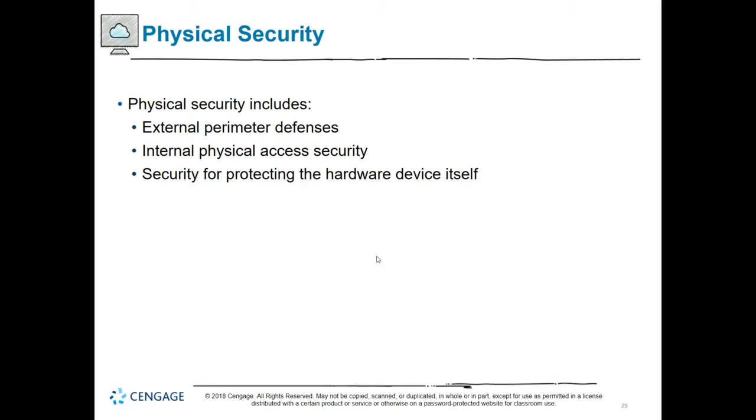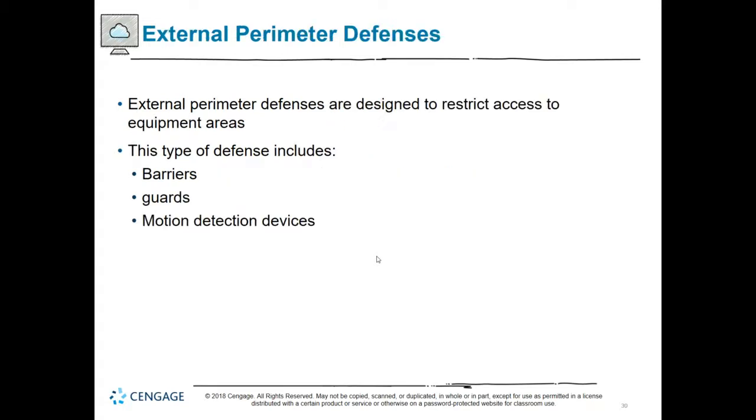We also have to protect, as I've said repeatedly in this class, the physical security of our devices. This includes the external perimeter defenses, the internal physical access security, and the security for protecting the hardware devices themselves.